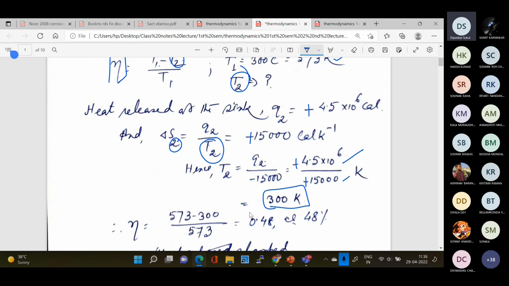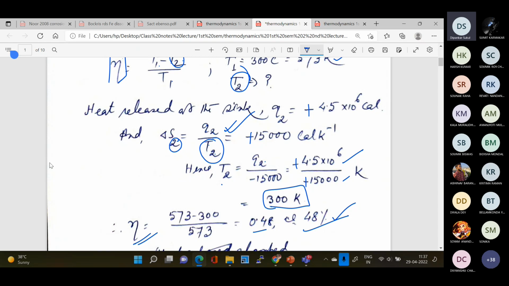So when the temperature of the sink is calculated from this expression, we can determine the efficiency of the cycle, and it will be around 48%. That is 0.48 or 48%. What is the meaning of this?